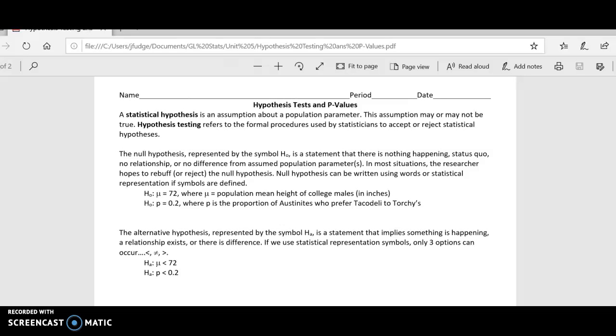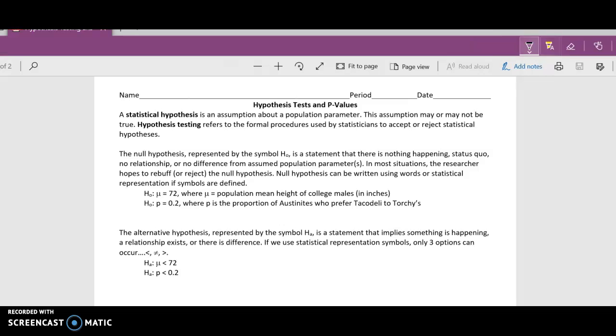Today we're going to talk about hypothesis tests, p-values, and null and alternative hypotheses. A statistical hypothesis is an assumption about a population parameter. A parameter is a true mean or proportion about a population.